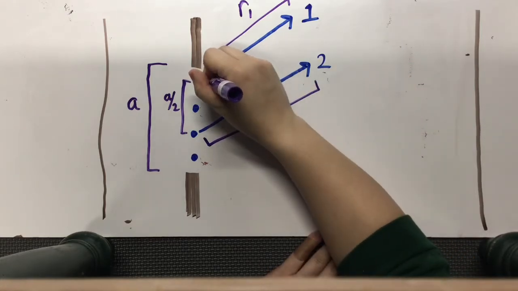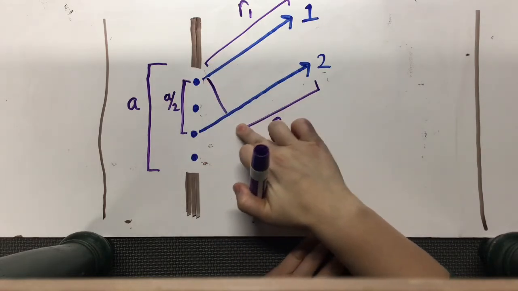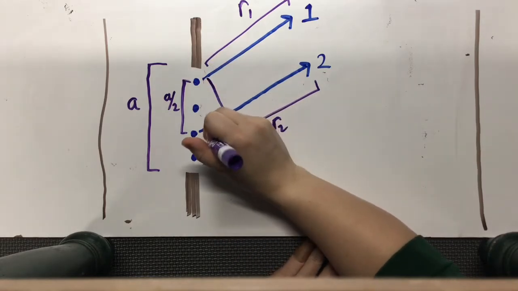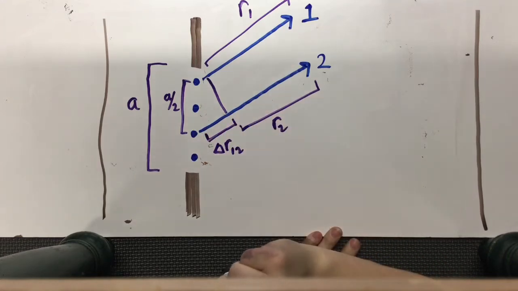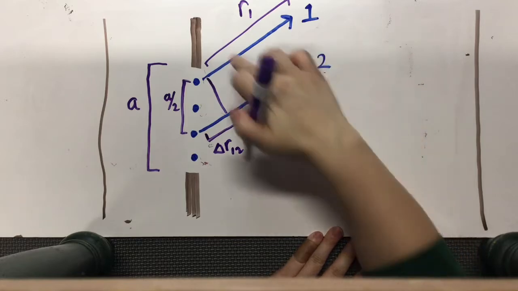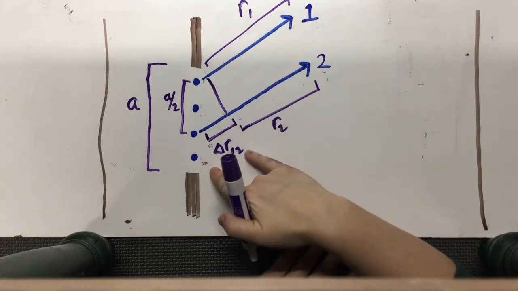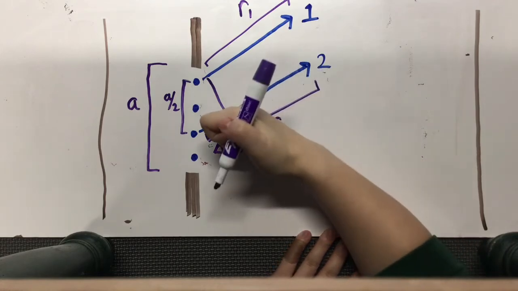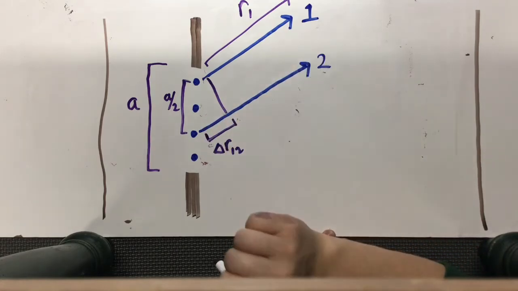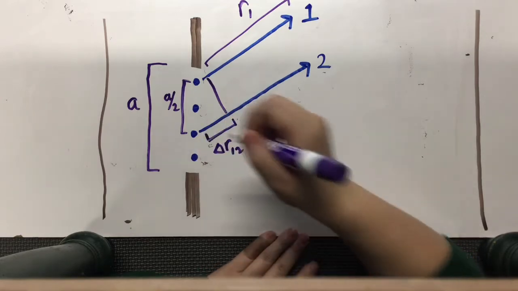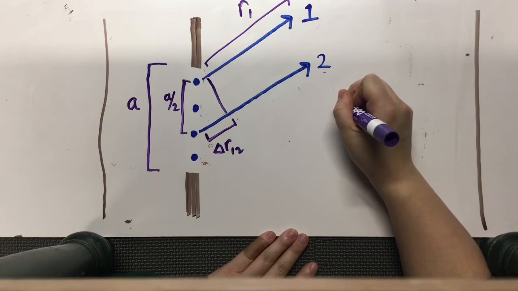If we set them so that they're both traveling the same path length, then we end up with the difference of them. So from here out and here out, R1 equals R2. We've cut off this little extra bit on the side. This triangle here can be redrawn like this.